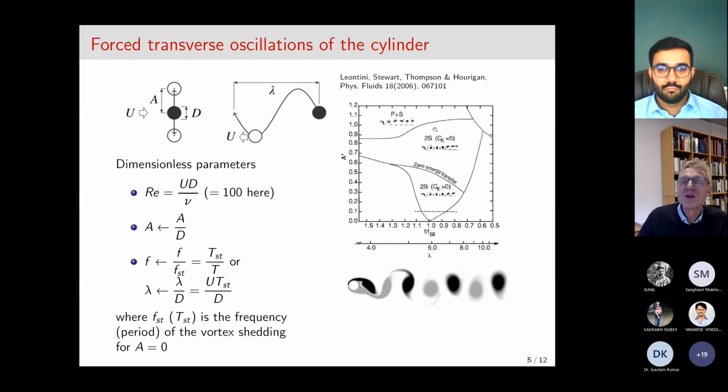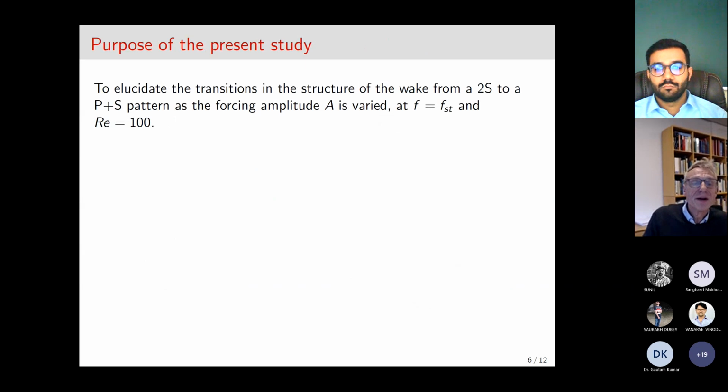So there's just sort of a single event changing from 2S to P plus S, and I can already say now the conclusion will be that it's much more complicated than just a single event happening, separating these two wake configurations.